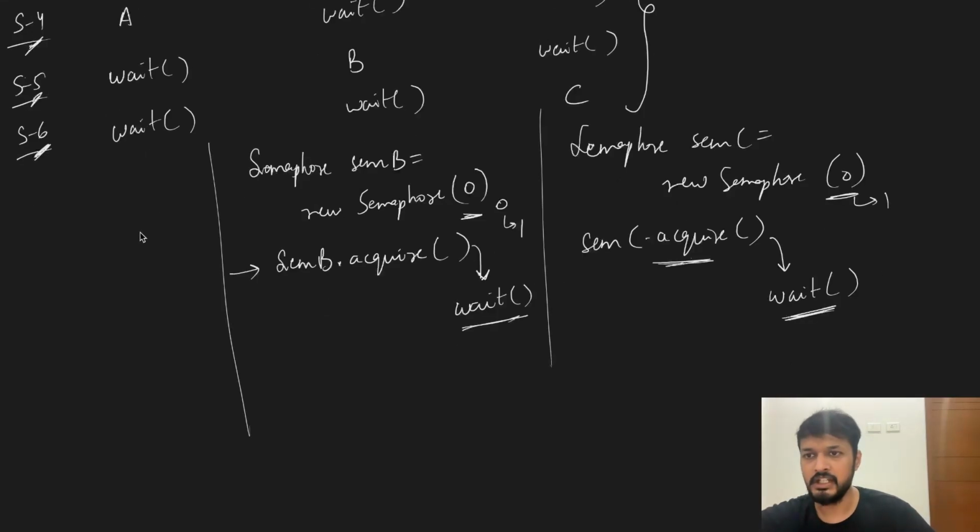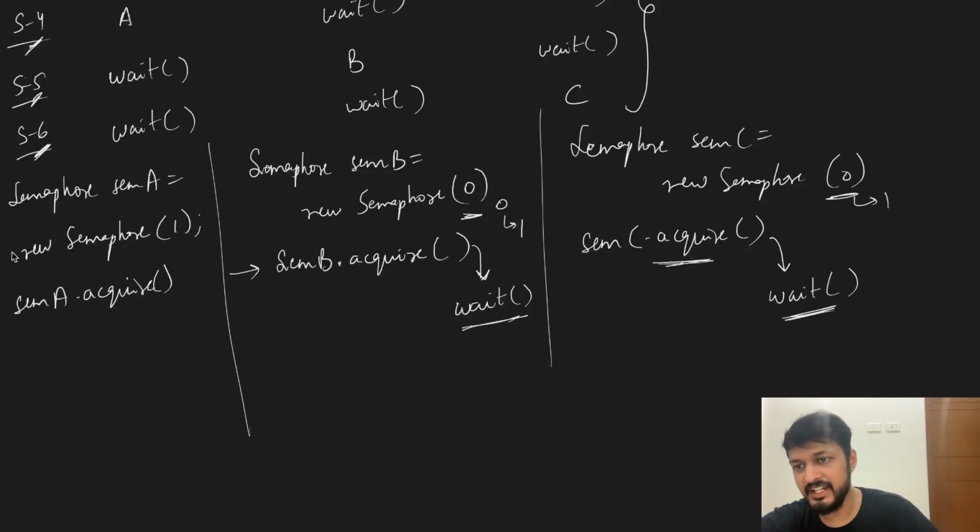Now for thread A, we want thread A to take control of the program and print A. So how will we do that? Let's create a semaphore for thread A, but this semaphore will have 1 permit.